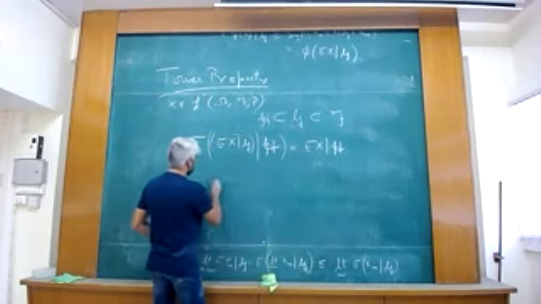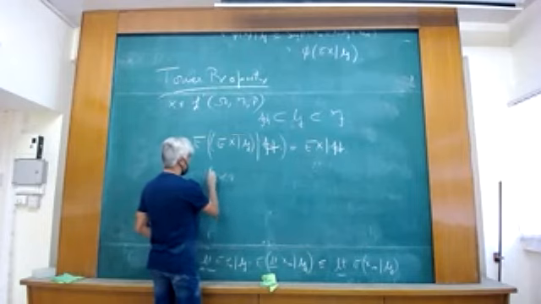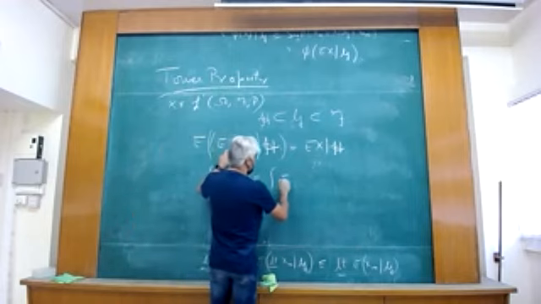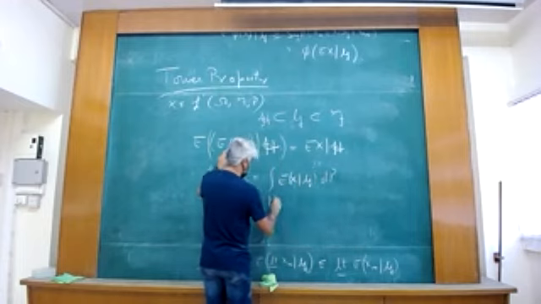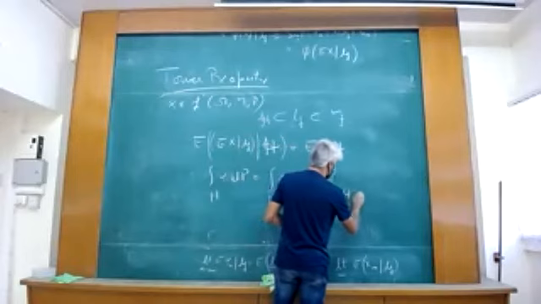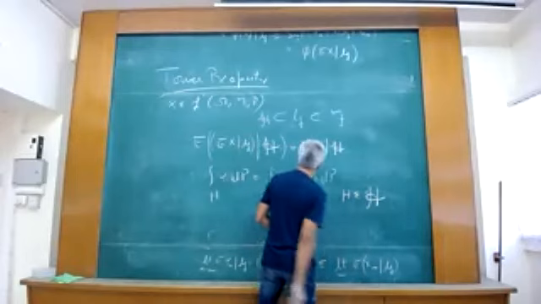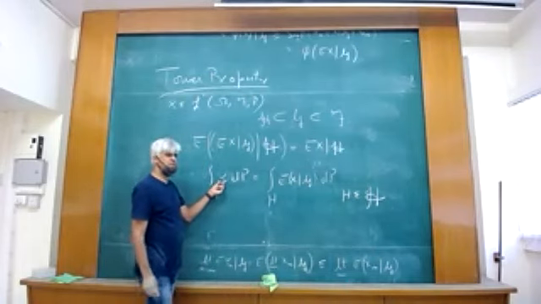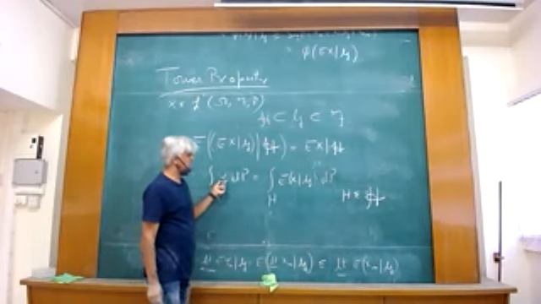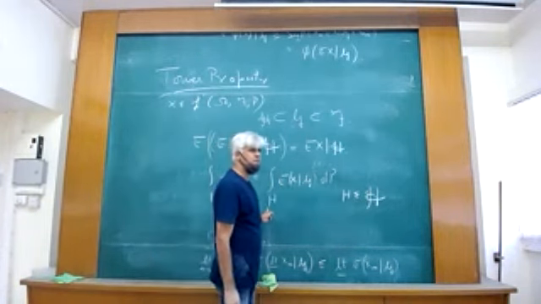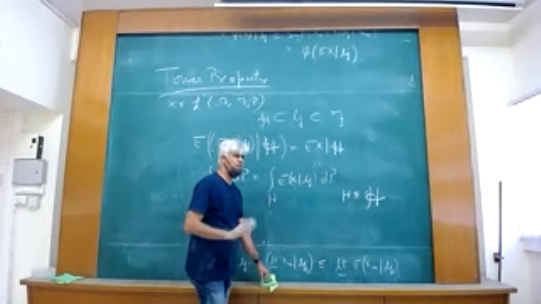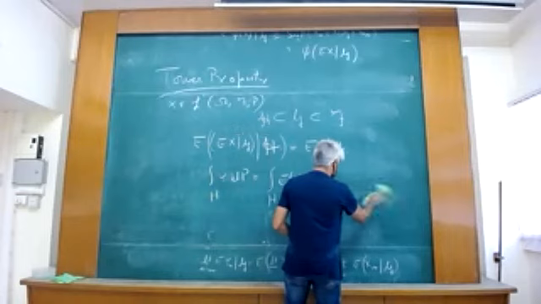Again, we want a random variable Y which integrates like E of X given G on all sets H belonging to my sigma algebra, calligraphic H. So I want a random variable Y which is calligraphic H measurable, and which integrates like E of X given G along all these sets H. That's the definition. And now one just observes that this is equal to the integral of X dP.